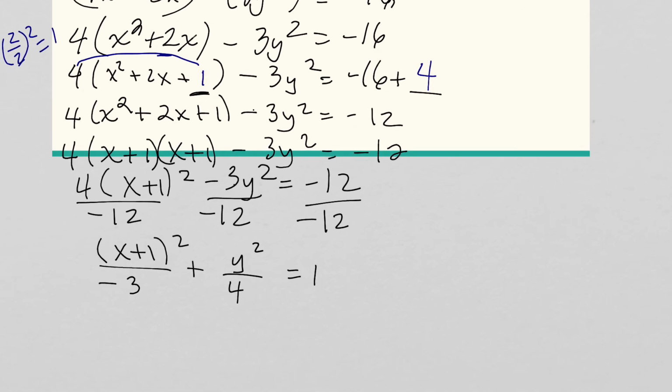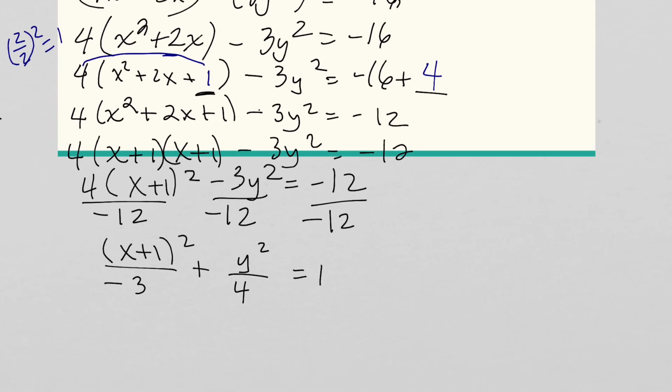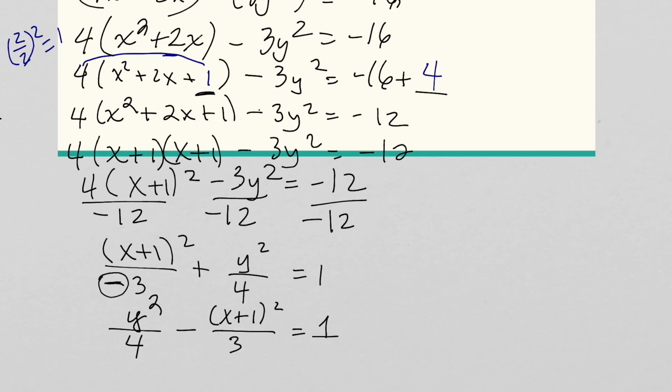Now, this is not the correct way to write this hyperbola equation, so I'm going to flip it because this negative means that's where the minus should be. So it should say y squared over 4, then minus x plus 1 squared over 3 to equal 1. So this negative here became that minus sign. So here's my equation for this hyperbola.